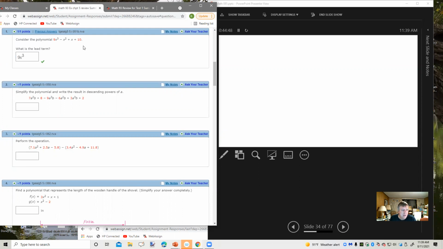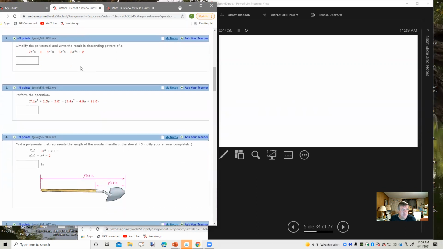Okay. All right, let's take a look at this one. Simplify the polynomial and write the result in descending powers of a. So we have 7a squared b plus 8 minus 9a cubed b minus 6a squared b plus 3a cubed b plus 2.